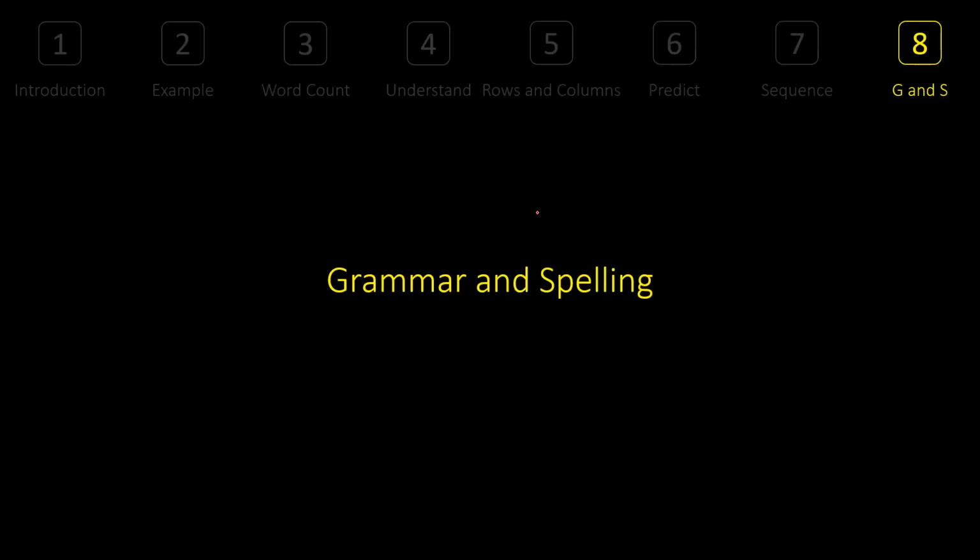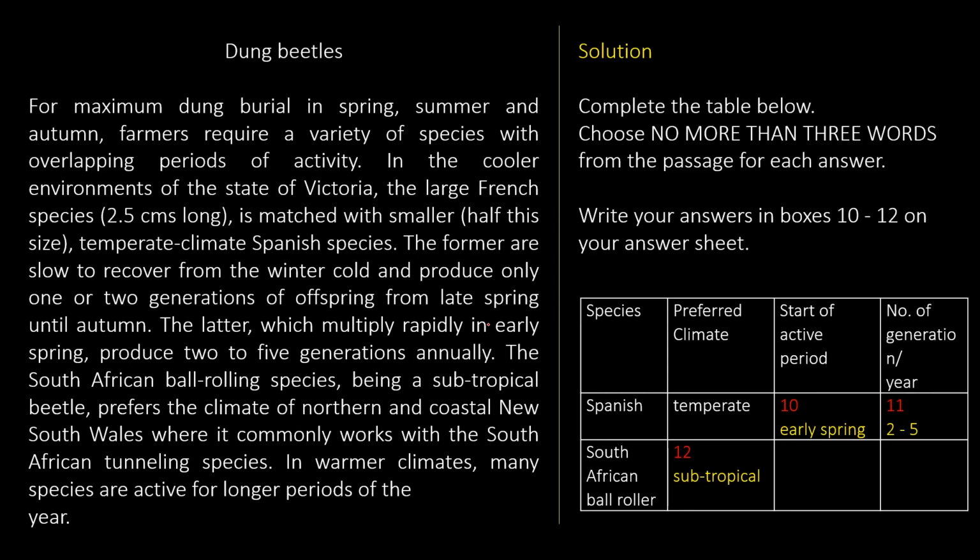Last but not the least is the grammar and spelling. Now in our example, grammar is not that big a deal because we have just one word answer. But in case of a little bit longer blanks, grammar will be taken care of. But if answers are incorrect according to the spelling, you won't get a mark for that. If instead of early you write the spelling like this, this is incorrect.